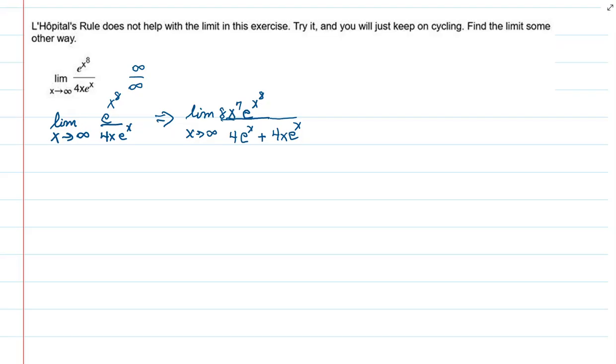Well, I got a lot of infinity on the top, right? On the bottom, this is infinity, and this is infinity, isn't it? So back to the drawing board. Okay. If I did the math right.